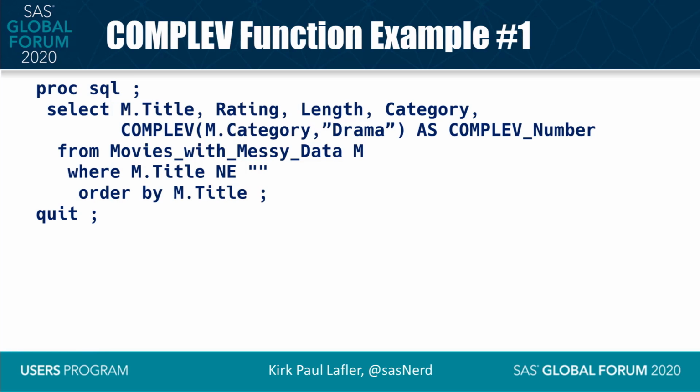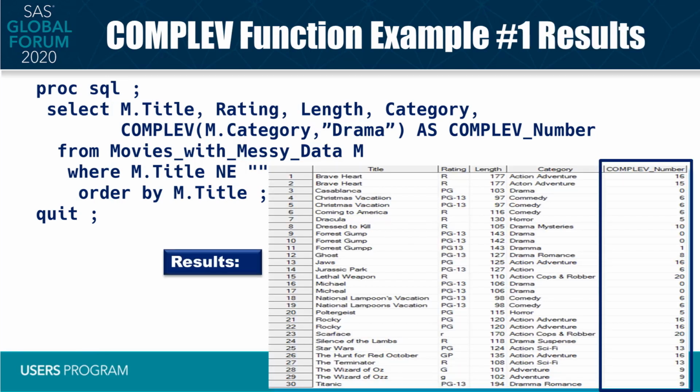So what we want to do is look at the category variable, looking for the value drama. The last column, the CompLev number, is going to indicate how many operations were performed in order to make the string 1 equal to string 2. And once again, Michael or Michael has a very low value here, 0 or 6.